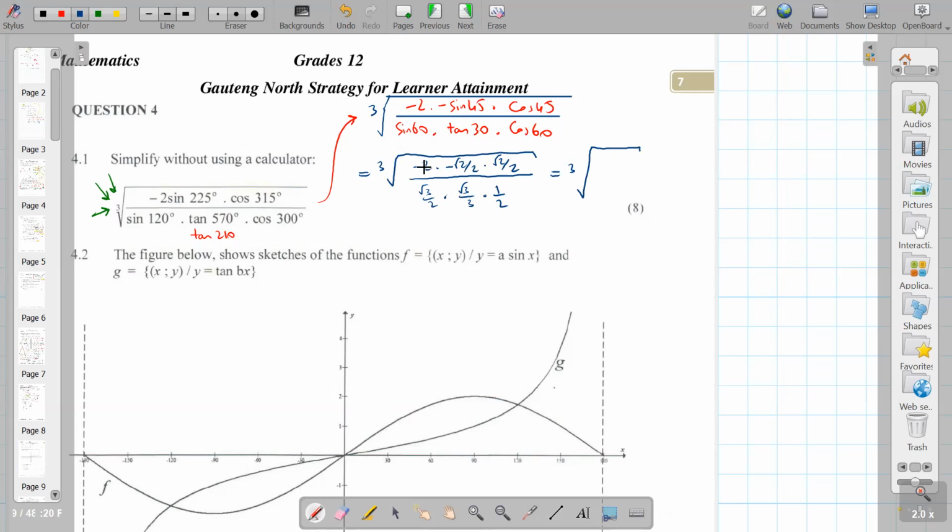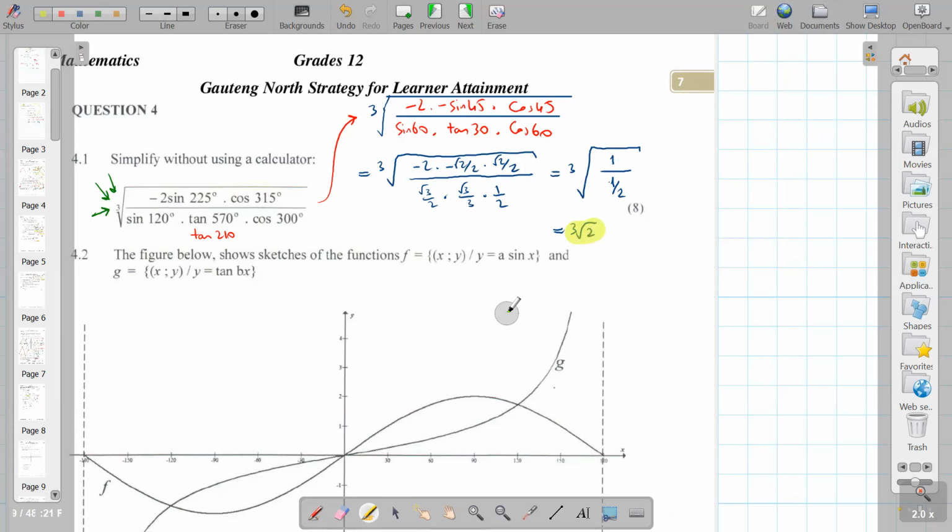What is numerator now? The negatives cancel. That's 1 over 2. So the whole numerator becomes 1. And in the denominator, the root 2's cancel. So you end up with 1 over 2 in the denominator, because the other things cancel. So the final answer is cube root 2. That's the answer.